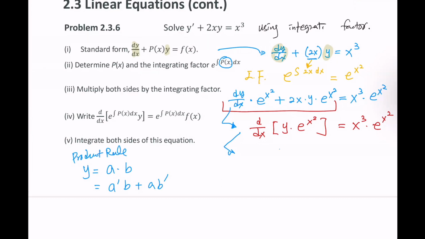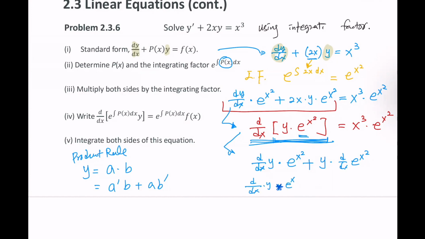So if you apply the product rule from here, we get the first derivative, dy over dx, times the second one, e to the x squared, plus y times the second derivative, d over dx of e to the x squared.